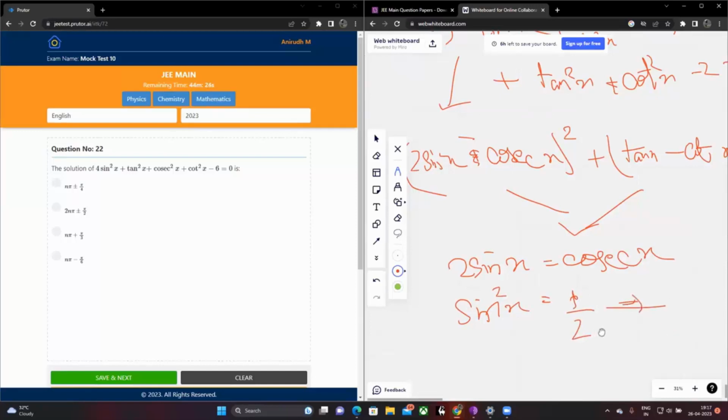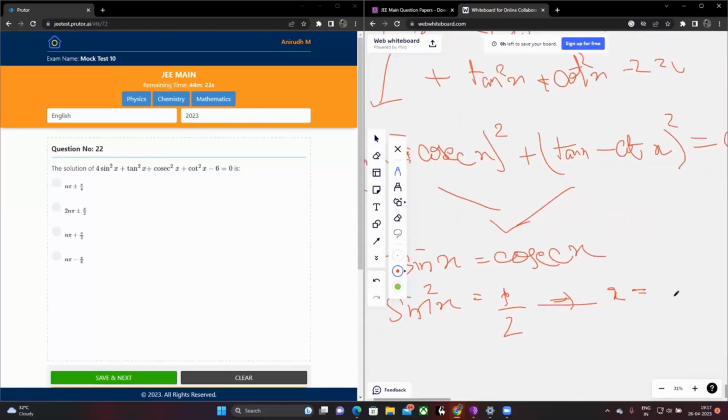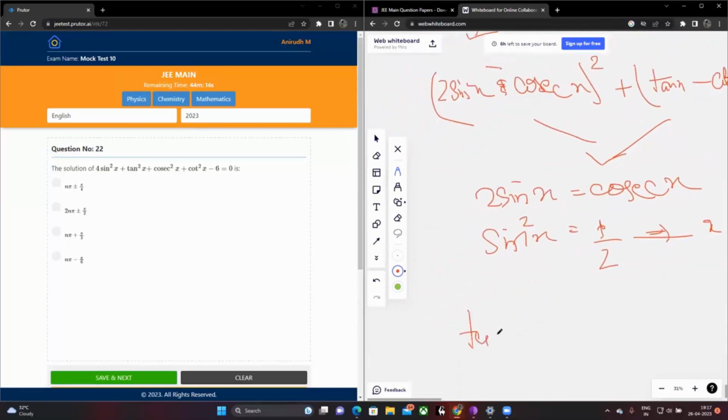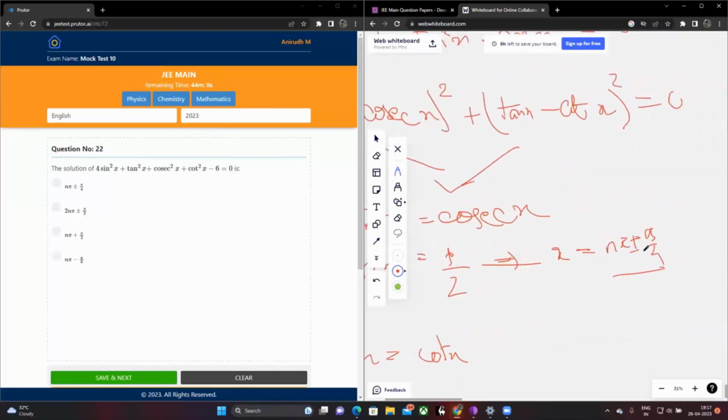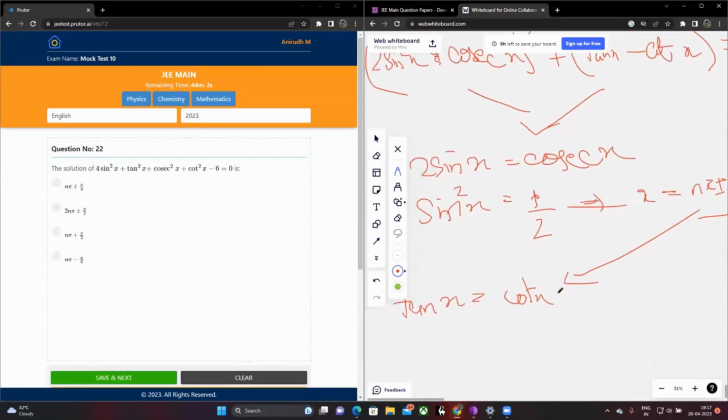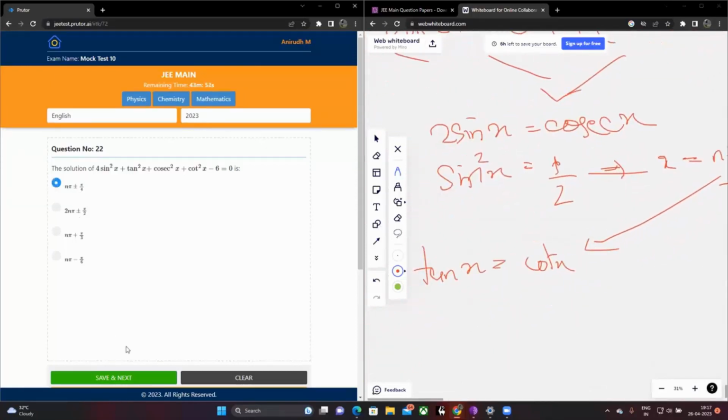And so this is x equaling n pi plus minus pi by 4, right? And tan x equaling cot x, which also supports this figure n pi plus minus pi by 4, right? So basically your answer is n pi plus minus pi by 4.